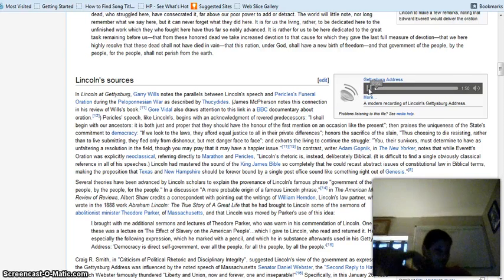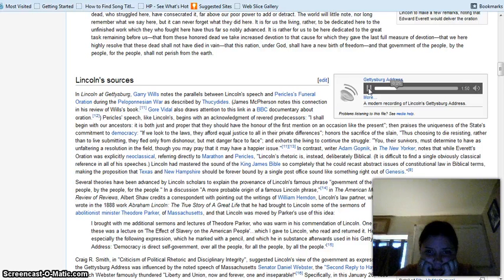77 years ago, our fathers brought forth on this continent a new nation, conceived in liberty and dedicated to the proposition that all men are created equal. Now we are engaged in a great civil war, testing whether that nation or any nation so conceived and so dedicated can long endure. We are met on a great battlefield of that war.